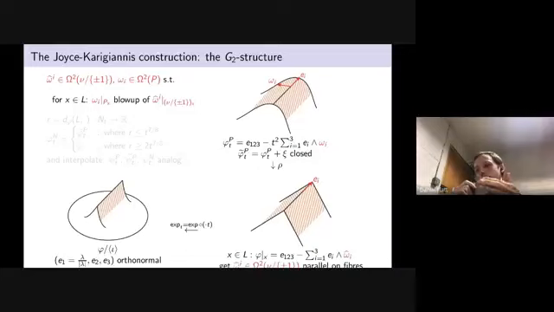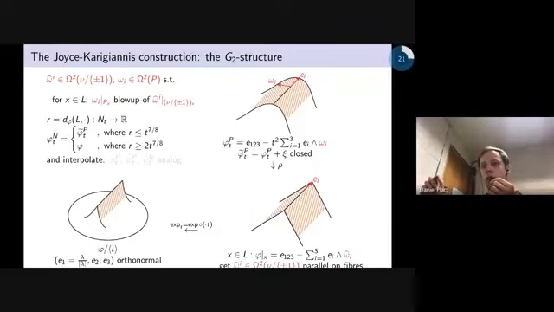So once we have this, remember, we have our original G2 form phi, we have the phi pt tilde, then we can write down the G2 structure on the whole manifold. Take r to be the function which measures the distance to the associative L, and measure the distance in the original G2 structure of phi.